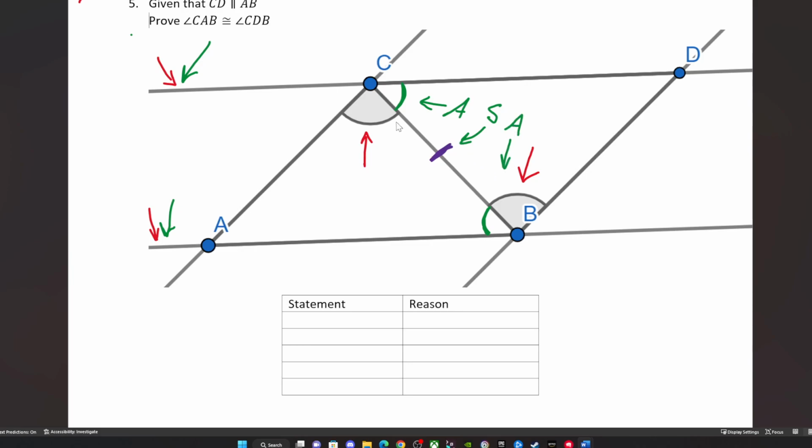It would be nice if I could show that these two are the same. Therefore, I could use the angle-side-angle triangle congruence theorem. And technically, that is the best option. That is what I want to show. It would be great if I can show that those two angles, again this one and this one, are the same. Let's do that.